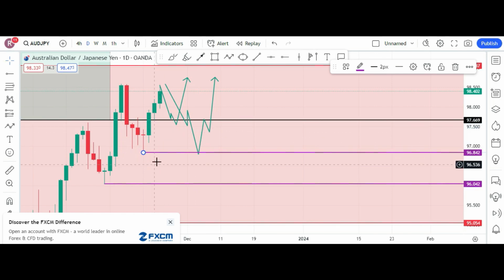At the same time, very good liquidity is lying here and here also. So take a trade, most likely for conservative 9680, and for the guys who are a little bit aggressive in trading, you can take a trade based on the price action here going something like this.